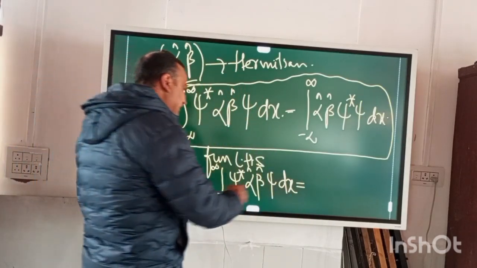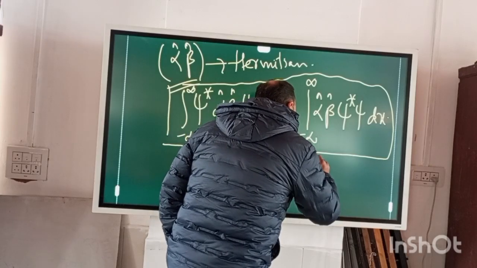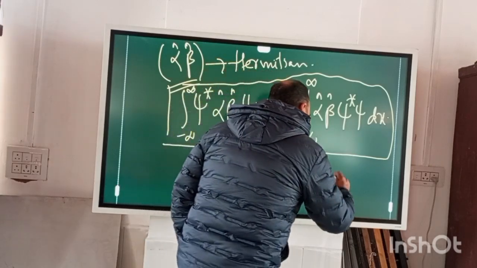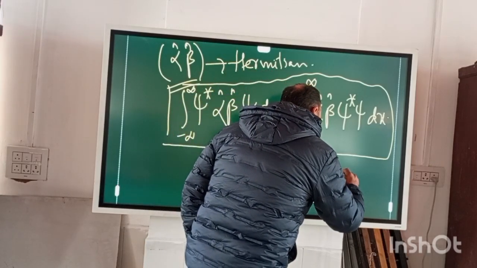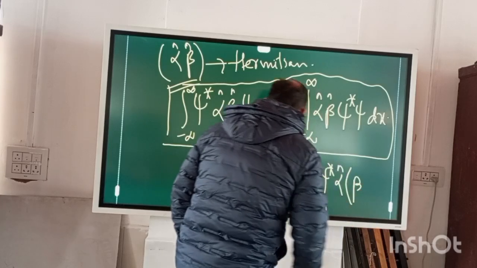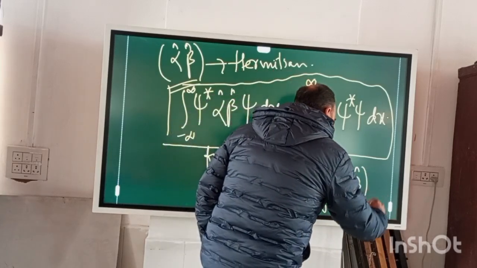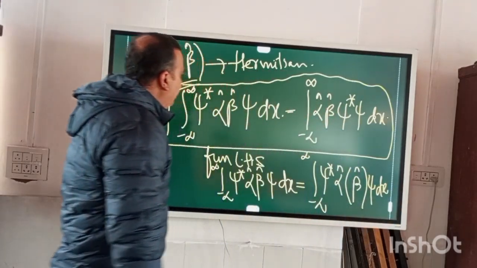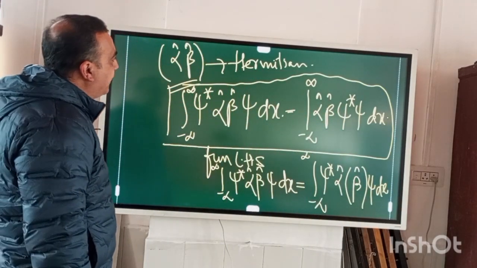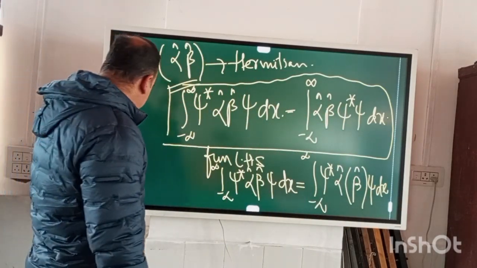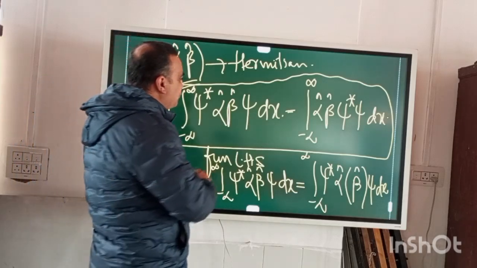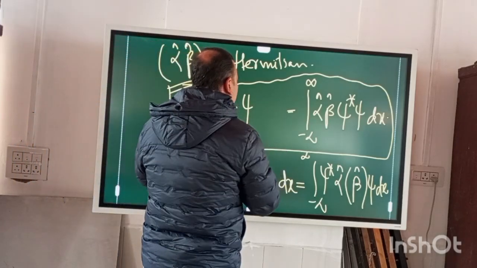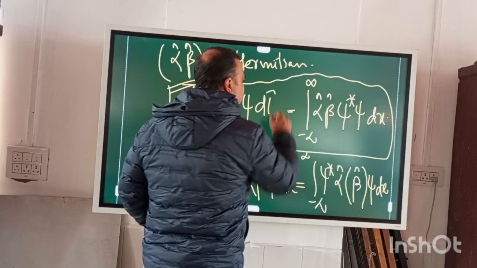I can think of writing this as the integral of psi star, alpha cap, and beta cap psi dx. Okay, I think I should use d tau. Let's use the same d tau here.